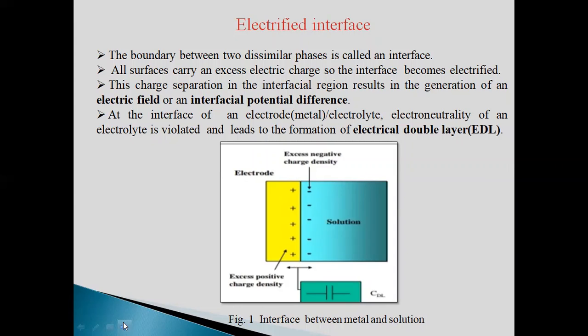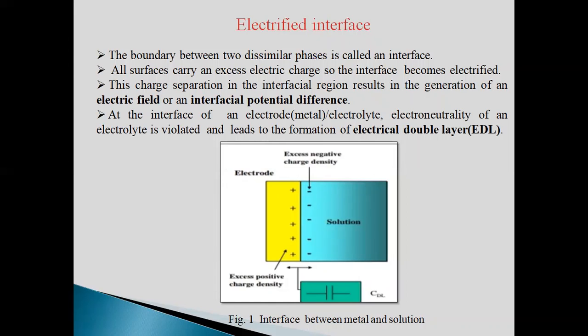As we know, almost all surfaces carry an excess of electric charge, either positive or negative. So, as shown here, there is excess positive charge on the surface of the electrode. Due to this, the interfacial region becomes electrified and develops an electric field or an electric potential.